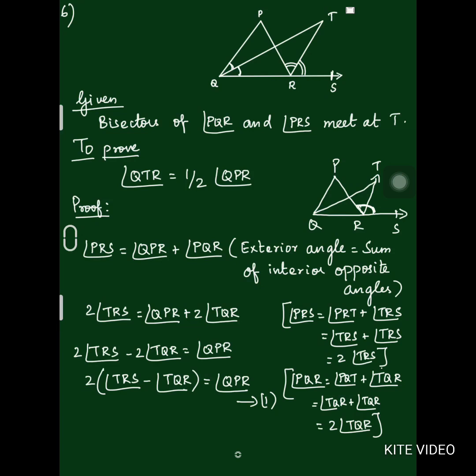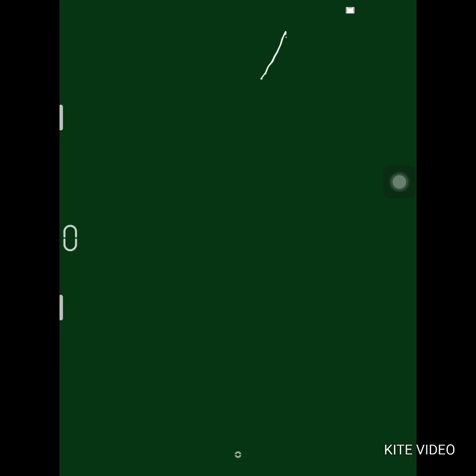There are 2 triangles in this diagram. One is PQR, another is TQR. Now, I am going to take triangle TQR. Let me explain with this triangle, that is T, Q, R and S. You know angle TRS is an exterior angle.